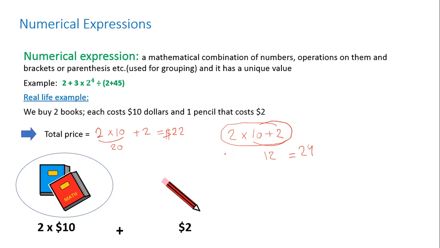For example, multiplication is always done before addition in numerical expressions. So if we have two successive operations, multiplication and then addition, then multiplication is done first.